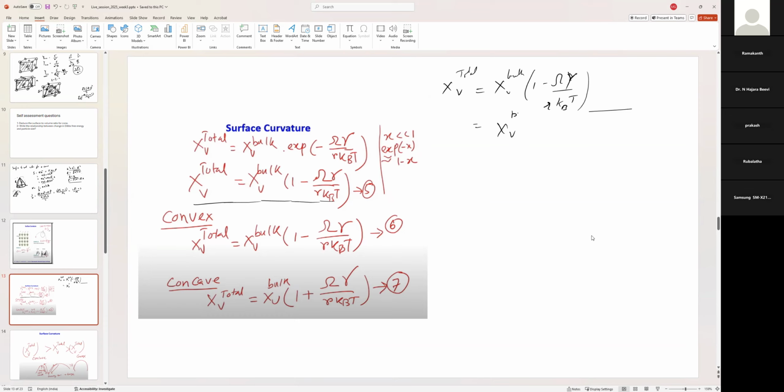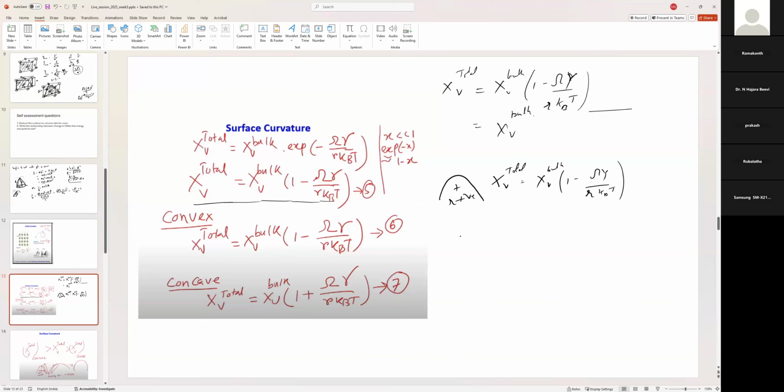However, if your surface is convex, your radius is positive, so the total vacancy concentration becomes bulk times 1 minus omega gamma by r kBT.